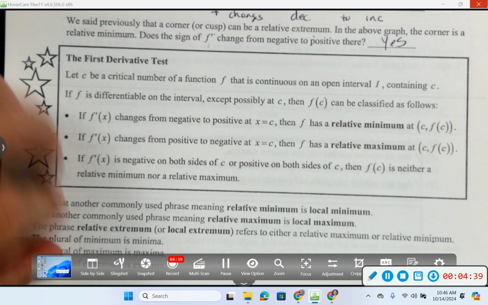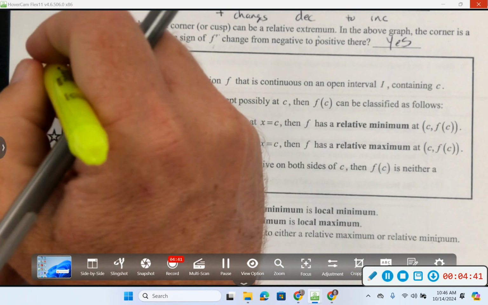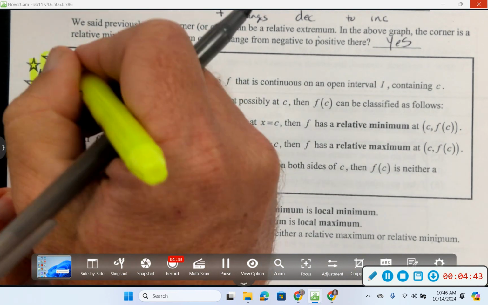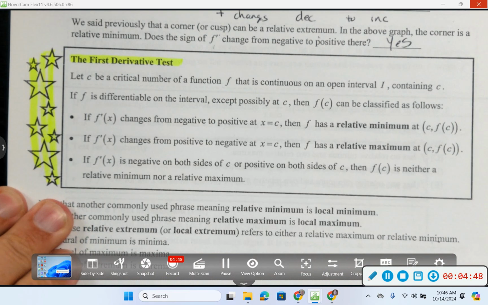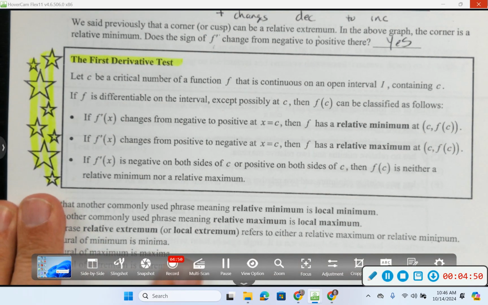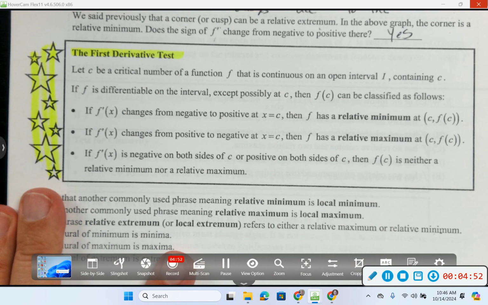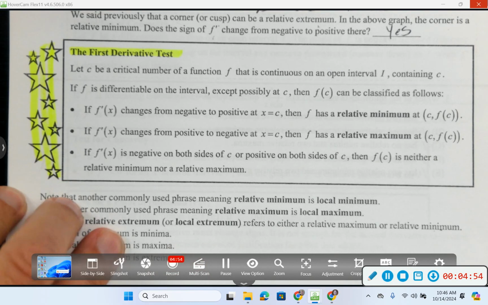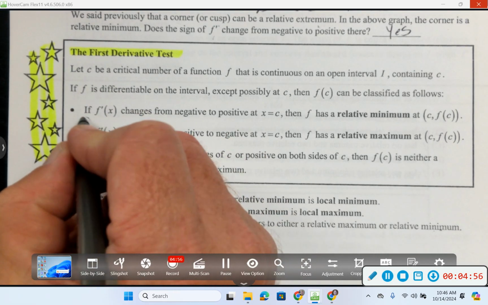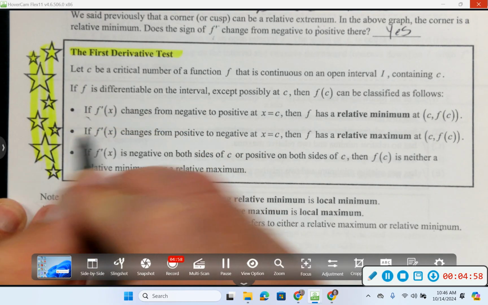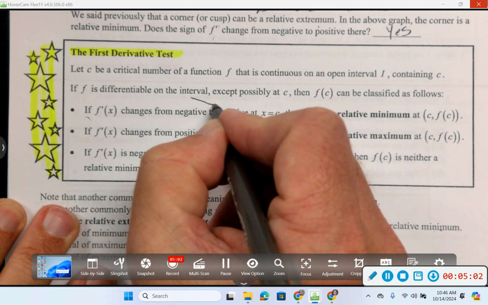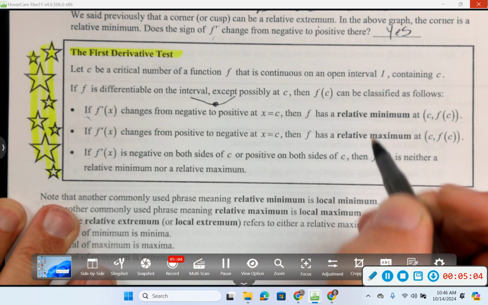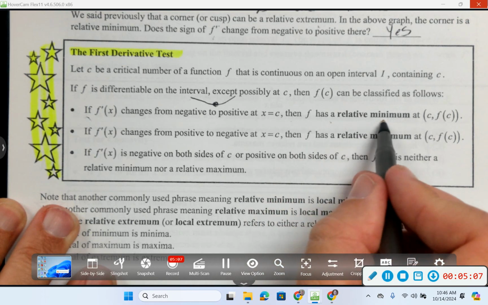All right, first derivative test. I would say the stars go with more about the title than the content. Like you have to understand the content, but you don't have to memorize the content. Because I think the content is going to make sense when we read it. So let's just jump to this first bullet. If f prime changes from negative to positive, that means we're going from decreasing to increasing, then f has a relative minimum there.